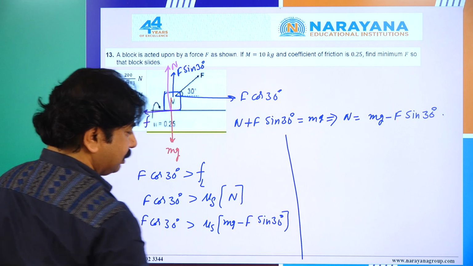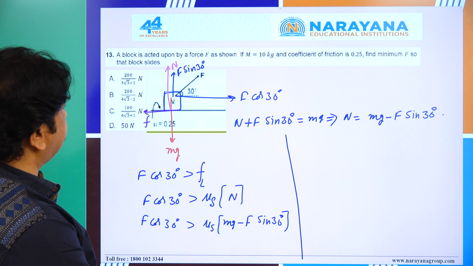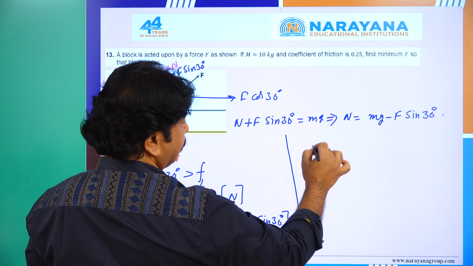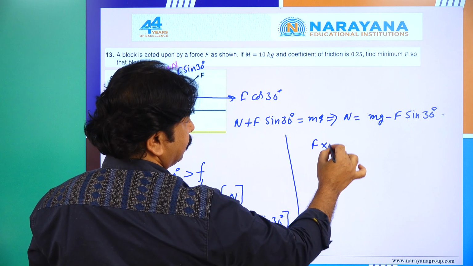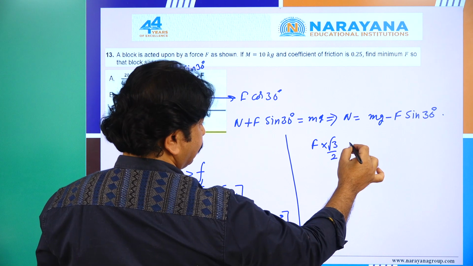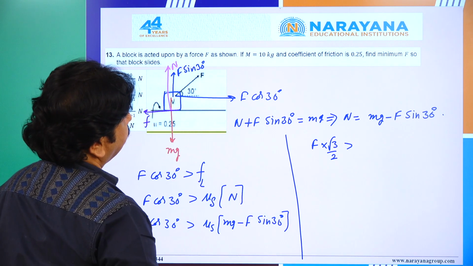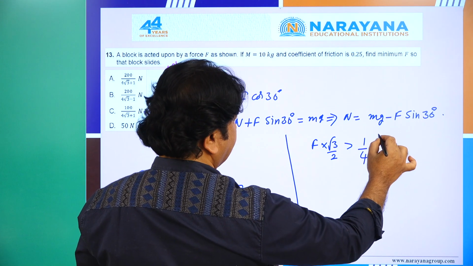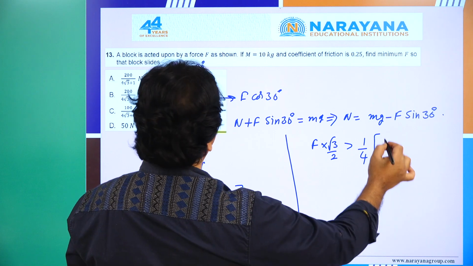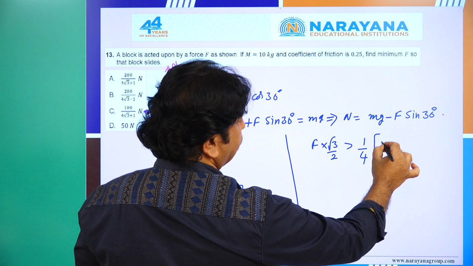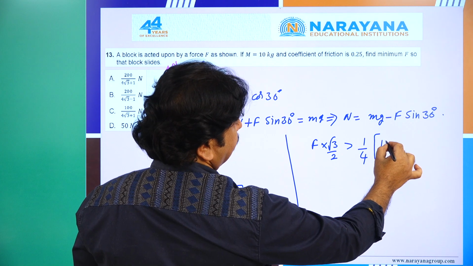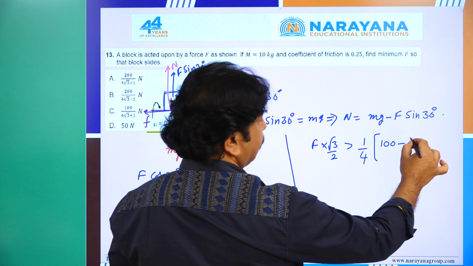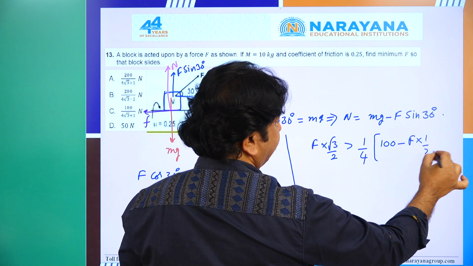Now, considering the same one, what is the cos 30 value? And we have to calculate the F value only. So F cos 30, already you know, root 3 by 2, should be greater than mu value 0.25, that is nothing but 1 by 4, into mg, 10 into g value we are considering, that is also 10, so 100, minus F into sin 30, which is 1 by 2.